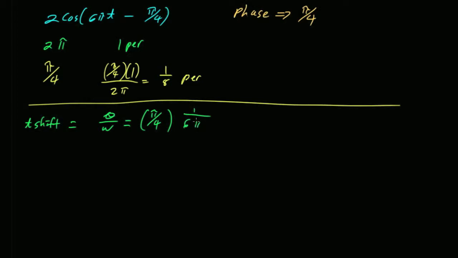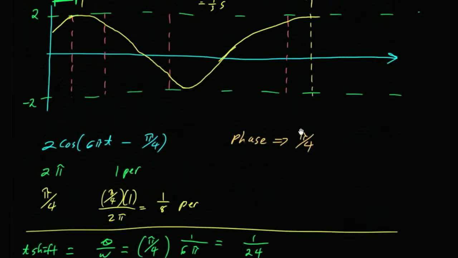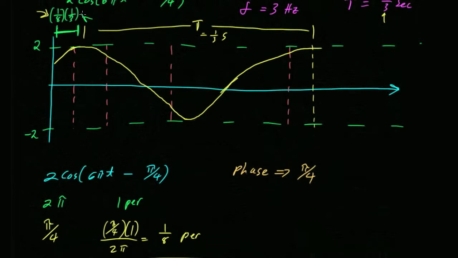If I do that, I get 1/24 of a second, which, of course, is totally the same answer we got when we did 1/8 of a third. It has to be the same answer, right? There's only one right answer for how much you shift this thing by.